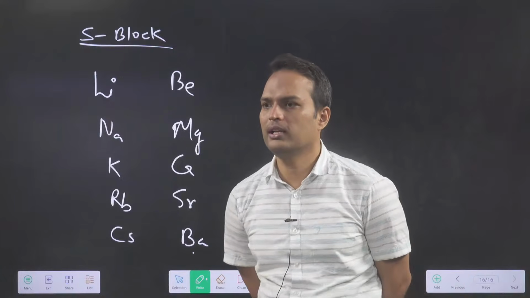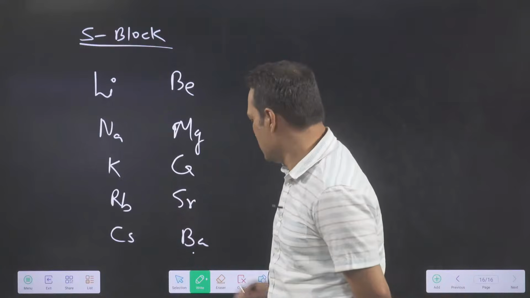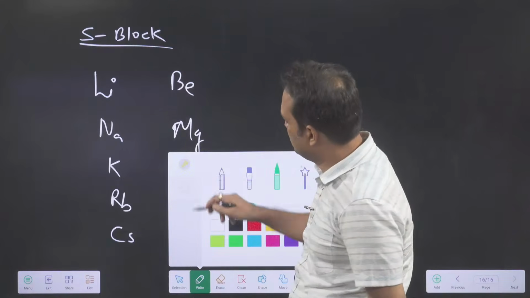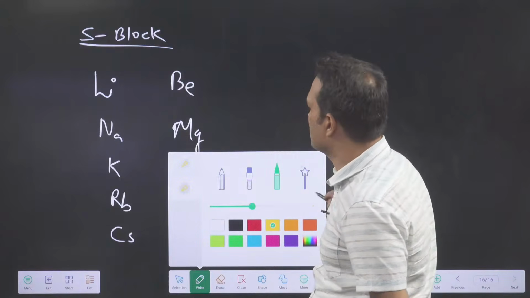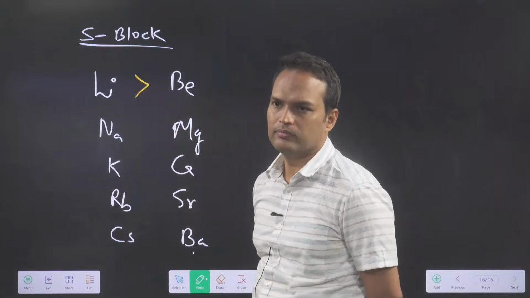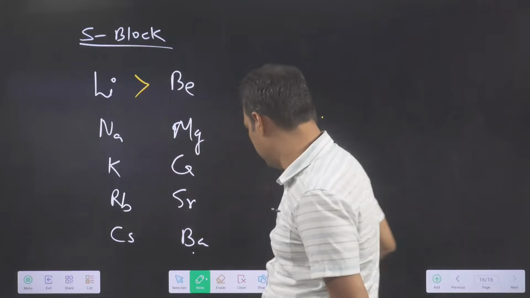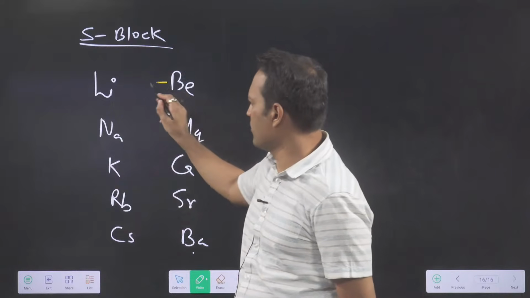So what should I tell? There is a simple method. See, lithium, beryllium, you know lithium is bigger. This we know, in a period size decreases. So start from here like this.